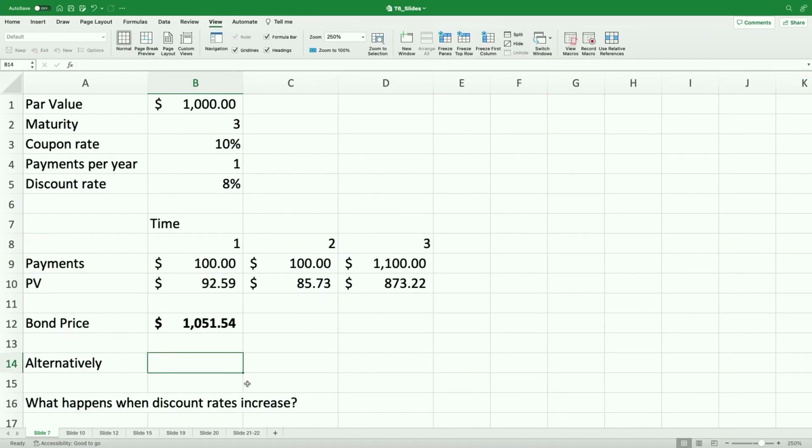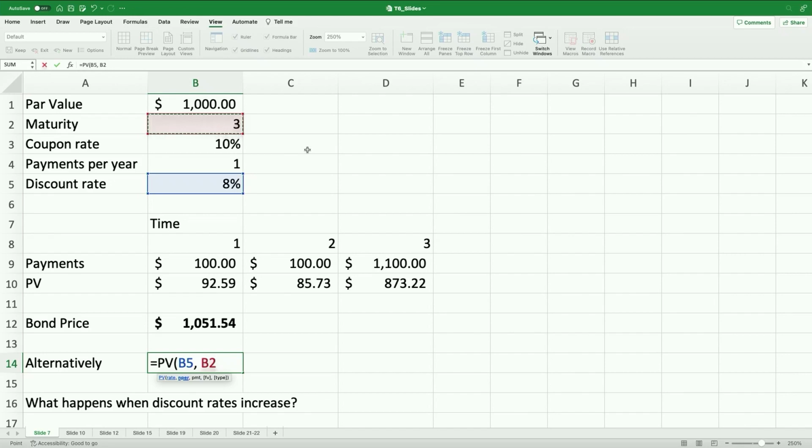Alternatively, I could have done it in one fell swoop. I could have just used the PV function. Think about it. I know my discount rate is 8%. I know the number of periods, 1, 2, 3, is 3. Could also just put in the maturity. The payment each period is 100.